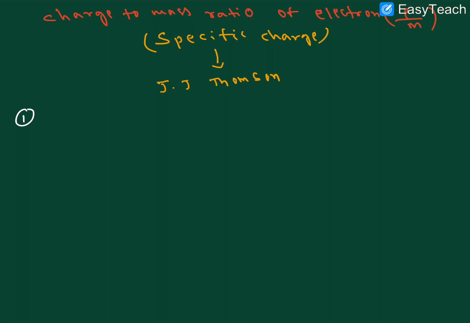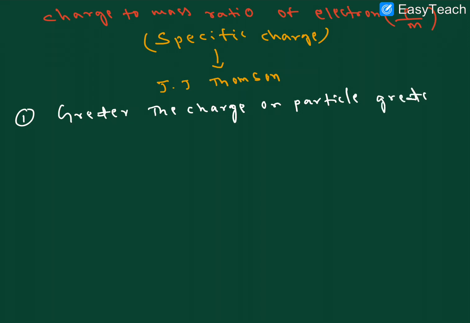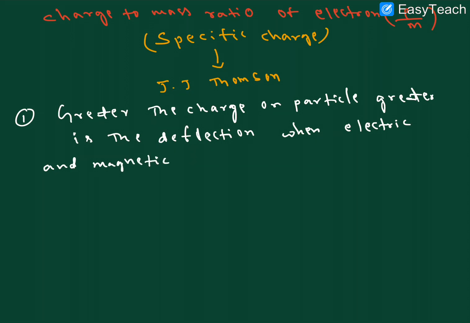The first, number 1: the greater the magnitude of charge on the particle, the greater is the deflection when electric and magnetic fields are applied.